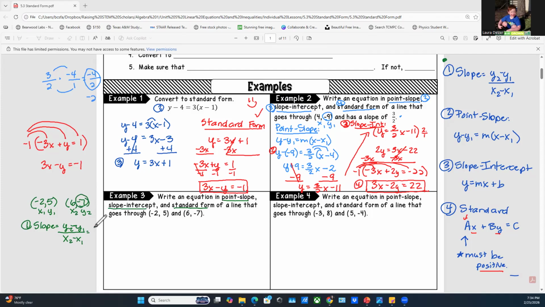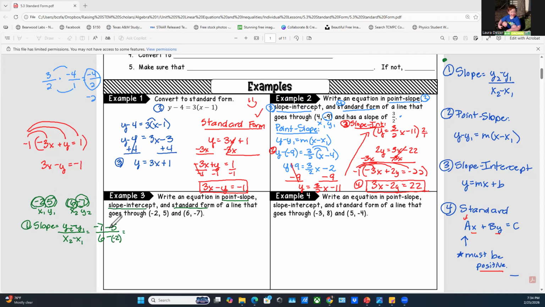And so that's going to give me -7 minus 5, divided by x2. We're going to do 6 minus a -2.